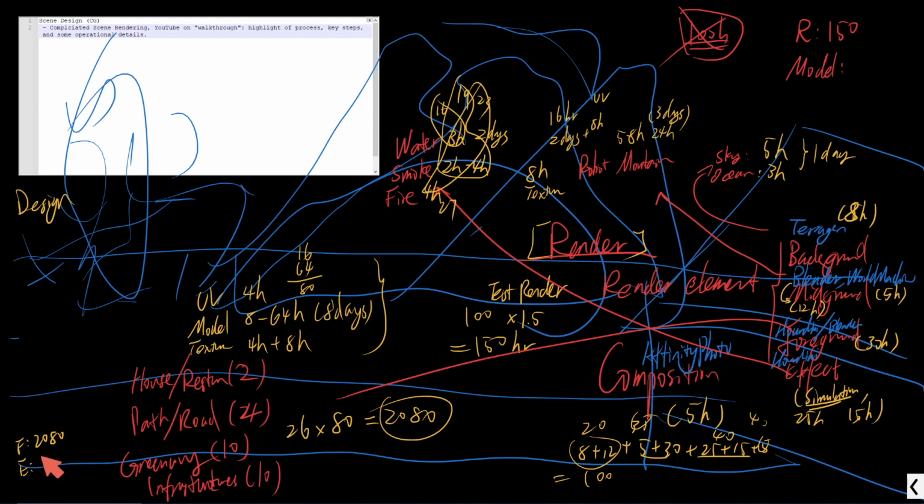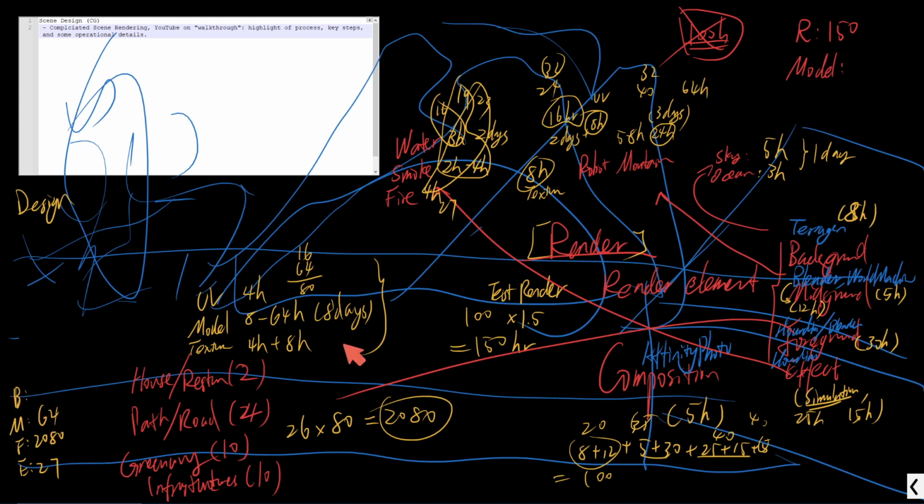This is 27, and for the middle ground we have somewhere here, which is 16 hours plus 8 hours plus 8 hours, 24, 32, 40 plus 24, it's 64 hours.